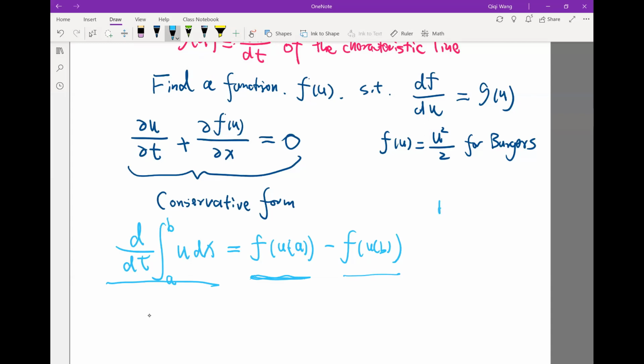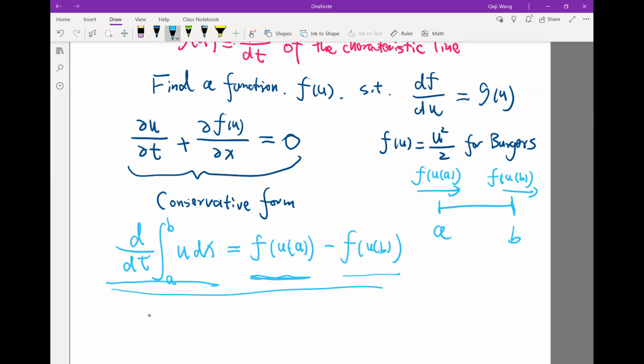So basically, this is A, this is B, then the flux over here is f of u a, and the flux over here would be f of u b. So this is like an integral form of the conservation statement.